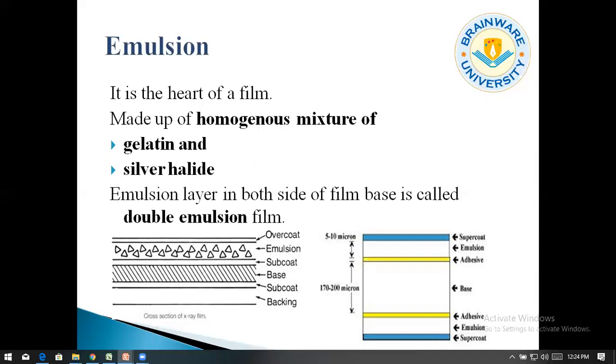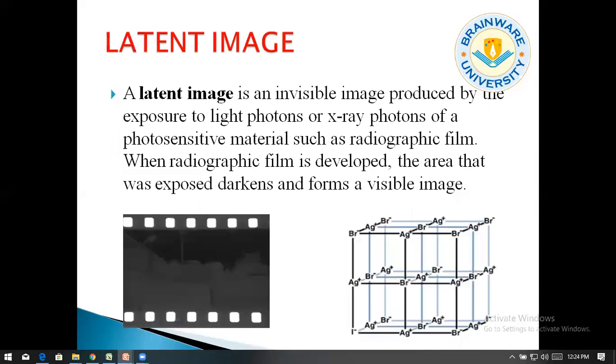This emulsion layer can be coated on both sides of the film base. That is called double emulsion film. So we are going to start with the latent image. What is a latent image?